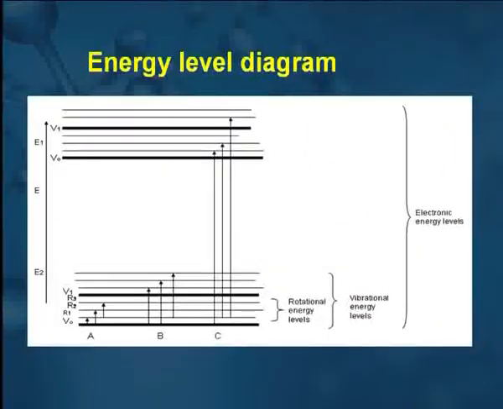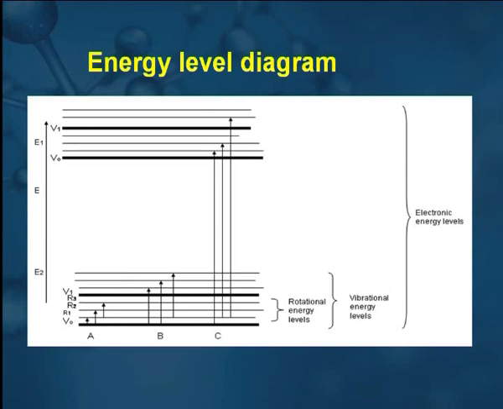Here you see on the diagram an energy level diagram with various electronic energy levels. The electronic energy levels contain the vibrational levels. Each electronic level has various vibrational levels, and the vibrational levels contain the rotational energy levels.